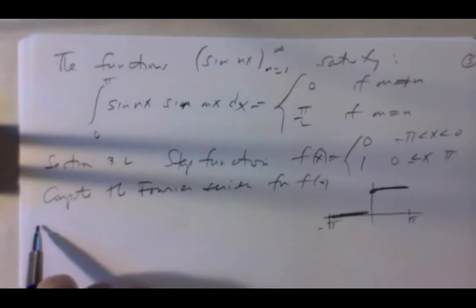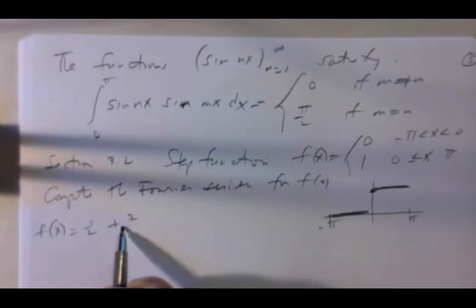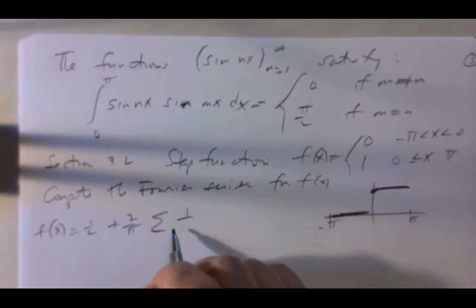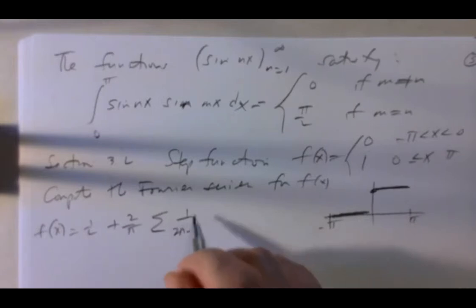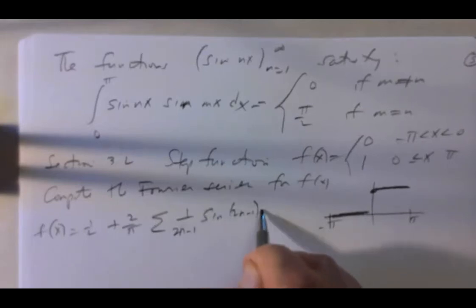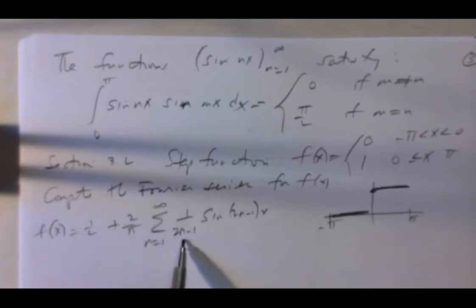The Fourier series it calculates is f of x is equal to 1/2 plus 2 over pi times the sum of 1 over 2n minus 1 times the sine of 2n minus 1 times x, n goes from 1 to infinity. This just means we're only summing over the odd integers.